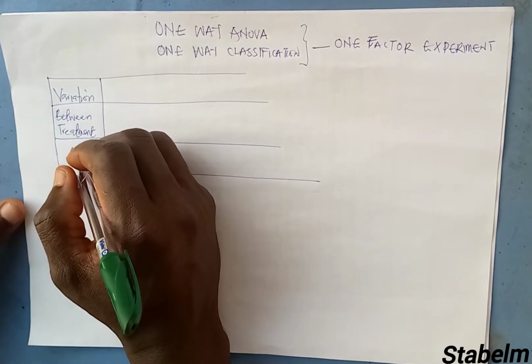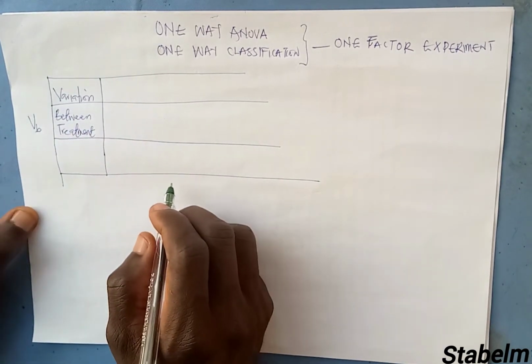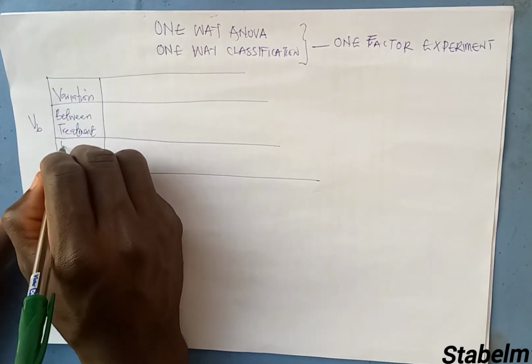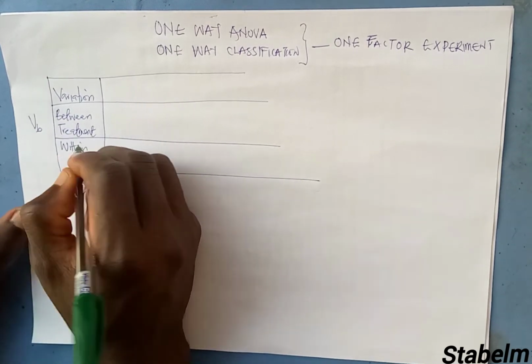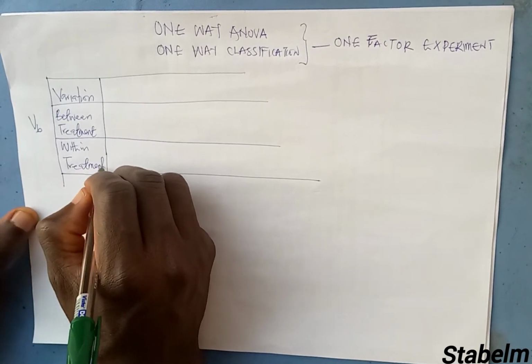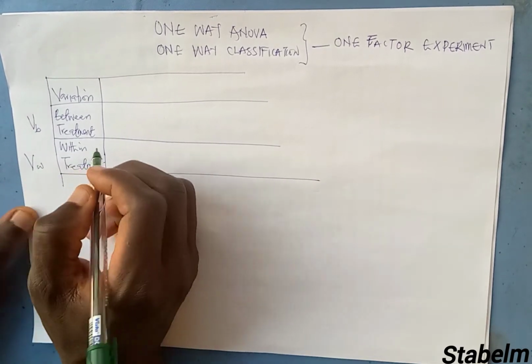Between treatment, we can represent with V subscript B, and here we have variation within treatment. Within treatment, we like to represent with V subscript W.